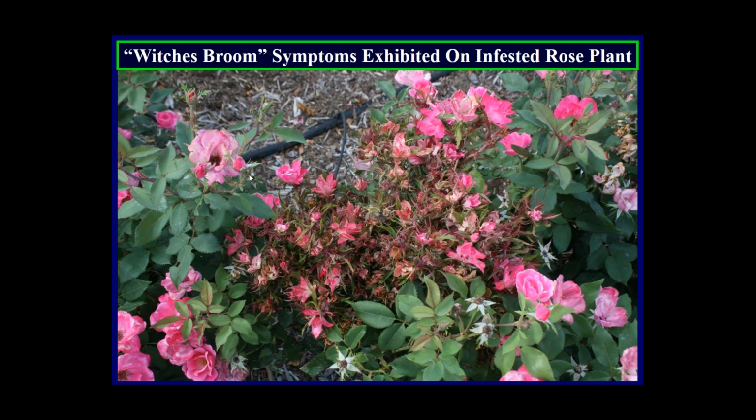And again, here is a good example of abnormal growth, witch's brooming, and there is the normal growth, okay? So again, those are just some of the symptoms off that list I showed you that roses can exhibit when they are infected with RRD, which is vectored by the Phyllocoptes fructiphilus mite.